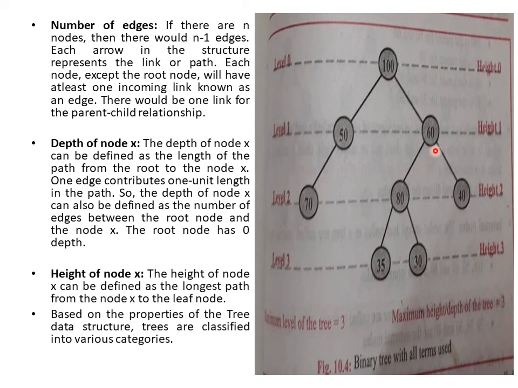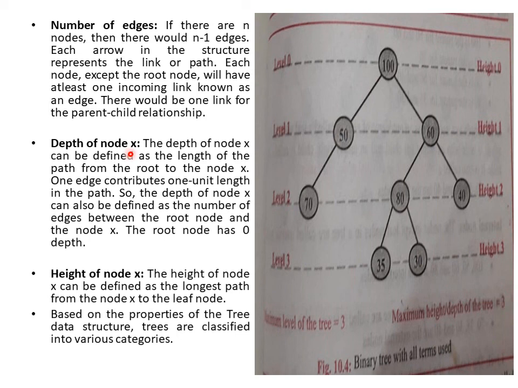Yes, see here you can see how many there are, and each arrow in the structure represents a link or path. Each node except the root node will have at least one incoming link known as an edge. These are edges, and there could be one link for the parent-child relation.